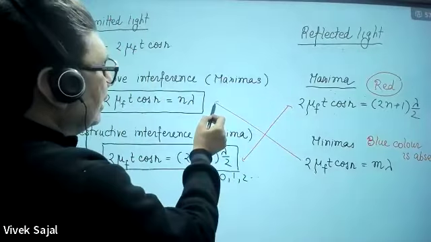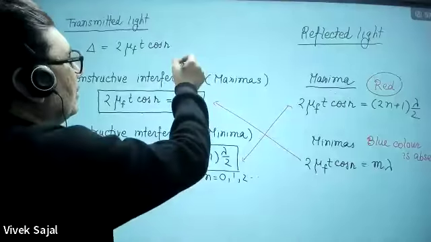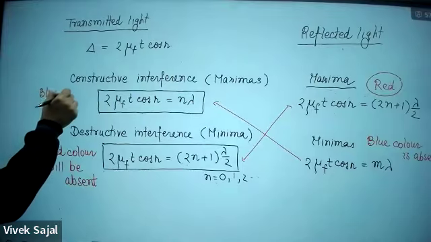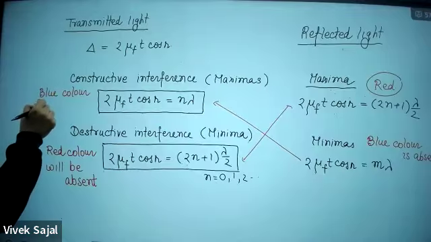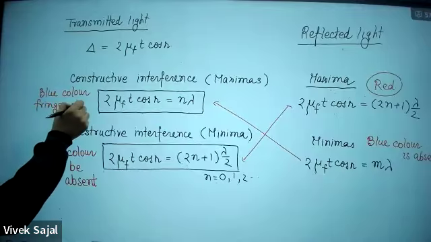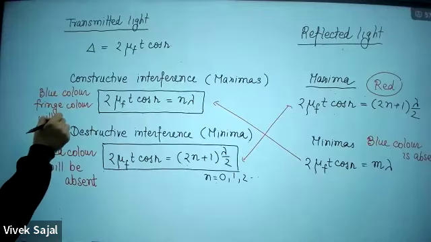It means it is going to satisfy this condition also. It means in transmitted light you are going to get a blue color fringe. Blue color fringe will be observed.